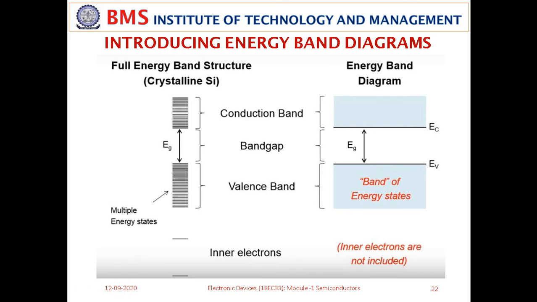There we simply draw the two lines, EC and EV, for the P and N type semiconductor, and we will see how this band bending happens in PN junctions. Provided you understand this energy band diagram for silicon and germanium very well here itself, it becomes easy for you to understand PN junctions and transistors.